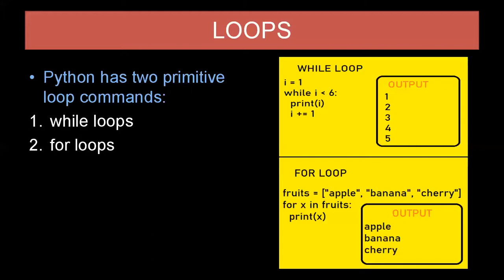So we will print x. What is x? The x is the string in the list. So for x in fruits, it will get the first, the zero index string, that is apple. Then it will print apple. Then it will take the index one string, banana, then print banana, and then it will take cherry and print cherry.